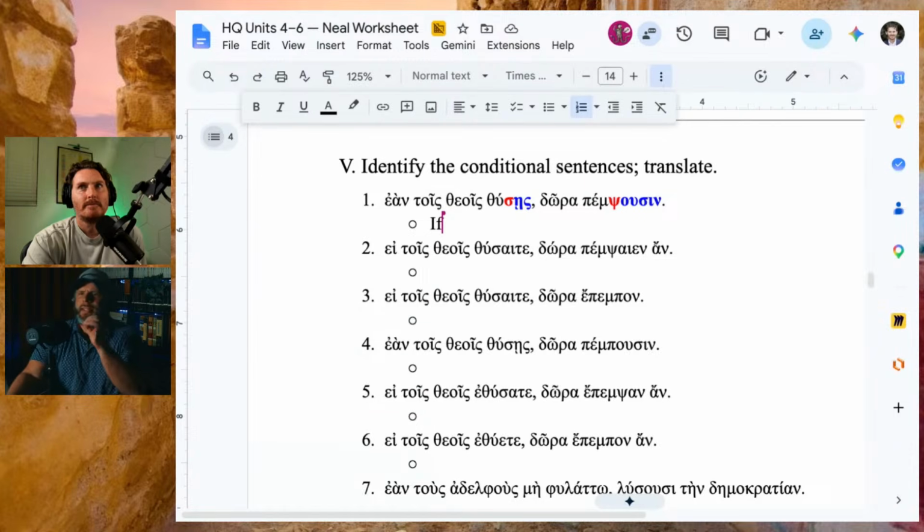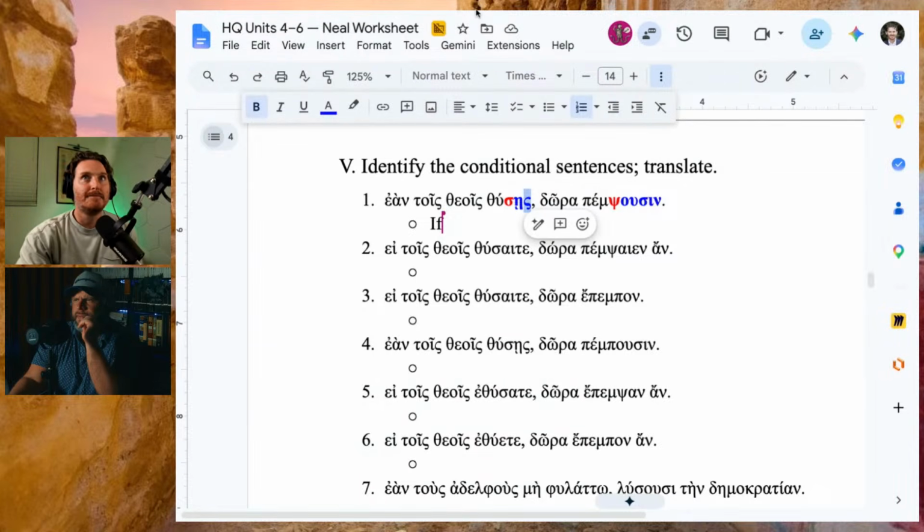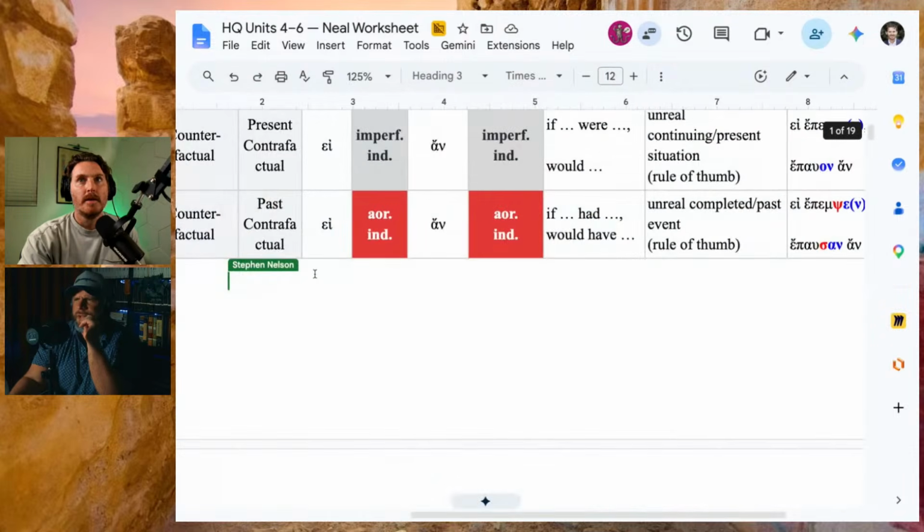So future more vivid is if he sacrifices to the god. No. You get a sigma here. What's that sigma telling you? Here, let me cheat real quick. The future, right?